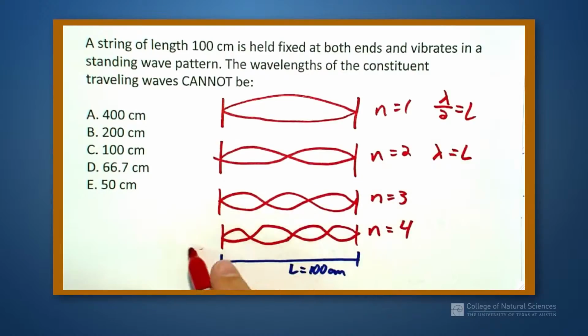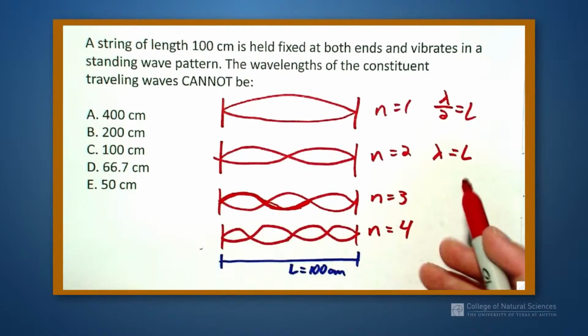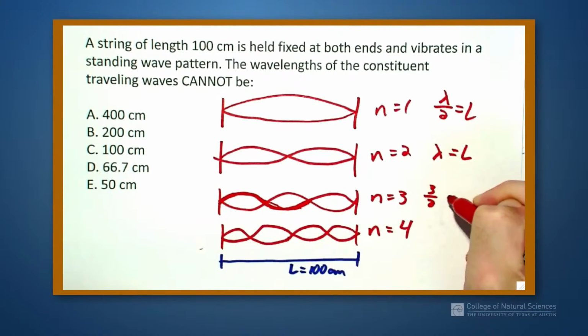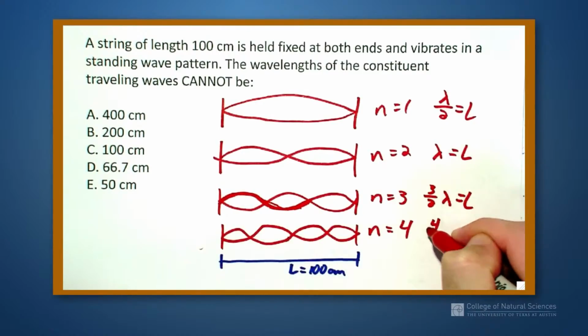This one I have one full wavelength, up, down, right here, so I have 3/2 lambda equals L. And this one, I have 4/2 lambda equals L. And actually, this is 2/2. I have 1/2, 2/2, so I see a pattern emerging.